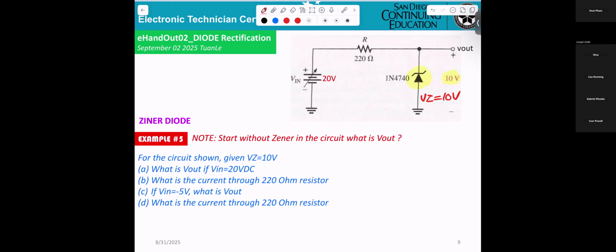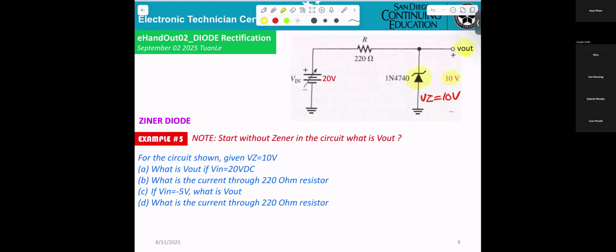Okay. Same thing, like we're just working with a diode. I want to know V out. The same thing you've been doing all the time: take the diode out and look at the output, and you'll see 20 volts.